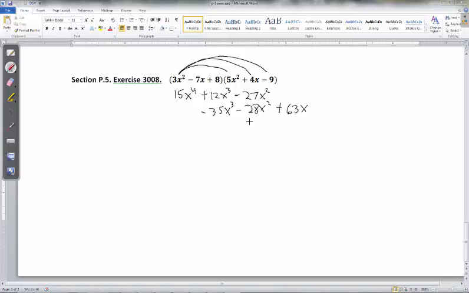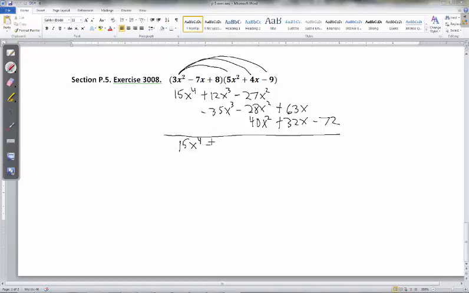Multiplying the 8 through, we will get 8 times 5 is 40x squared. 8 times 4 will be 32x. And then 8 times 9 will be minus 72. Combining like terms, 15x to the 4th.